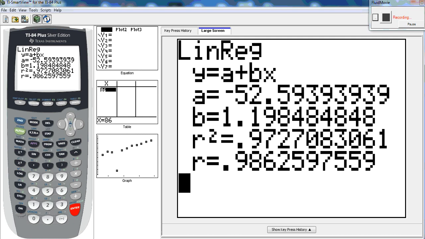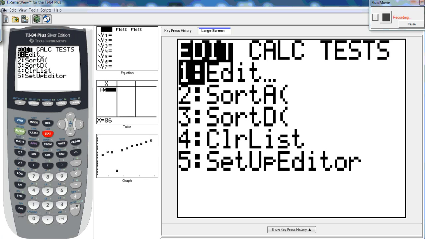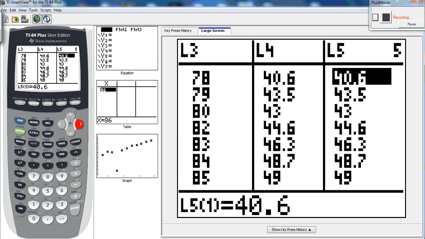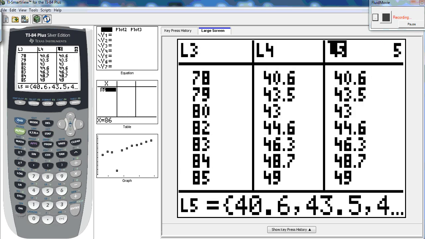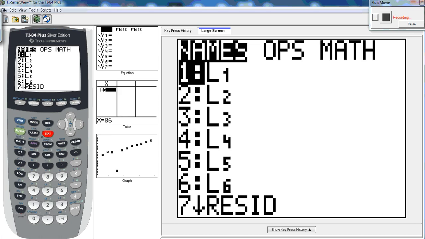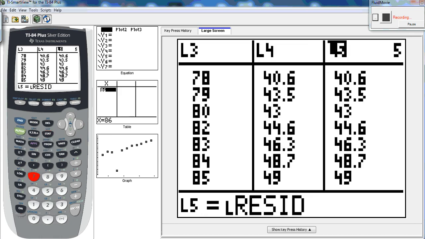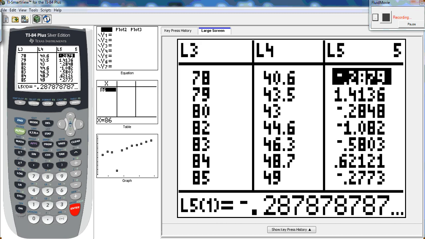In order to graph the residuals, we're going to graph those against X. The residuals have been calculated here in this regression. So we're going to go to Stat, Edit, List 5, Second Stat, which is List, make those the residuals, enter. We've calculated our residuals.